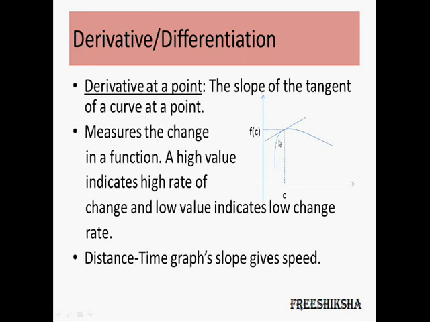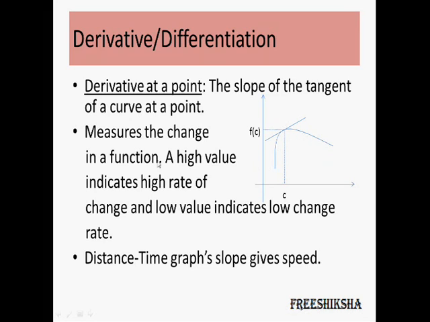So if this is your function or this is your curve and you have to find the derivative at x is equal to c, at this particular point where the function's value is f of c, then you draw a tangent at that point, and whatever the slope value of this tangent is, that is what you mean by the derivative at this particular point for this curve or this function.